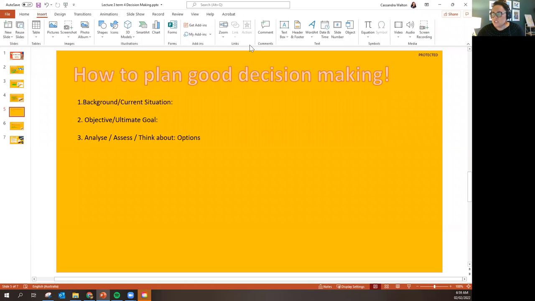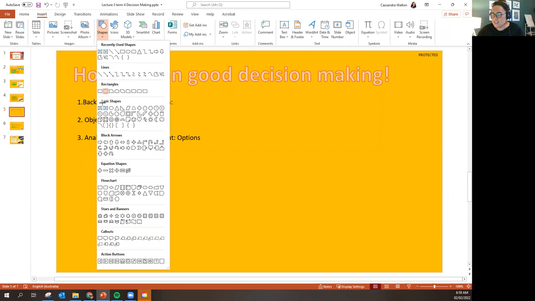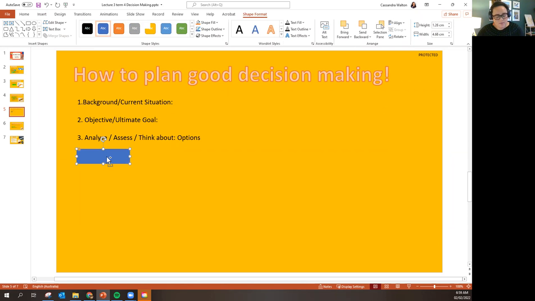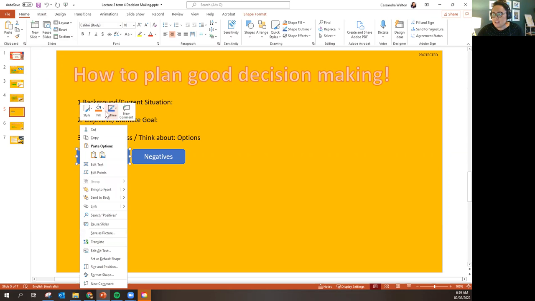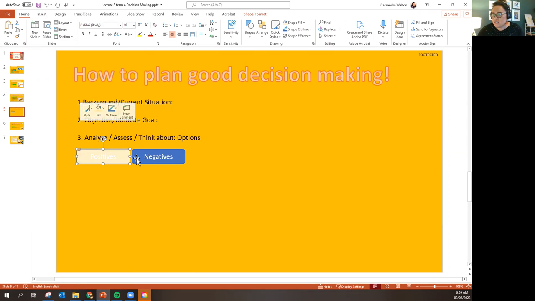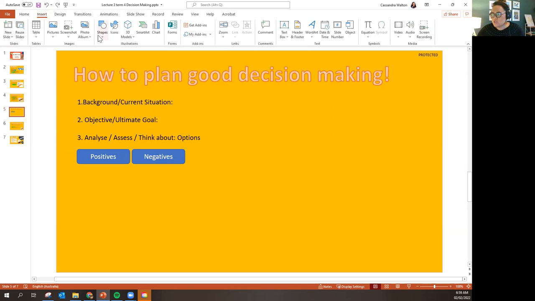When you do your options, you probably need to do something like this. So you might have your positives, and then you might have the negatives of decision making. I'll just draw another square.